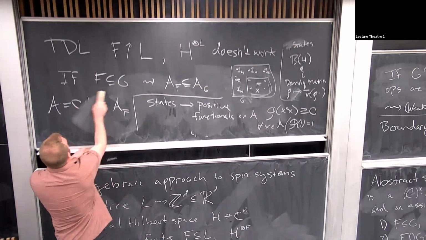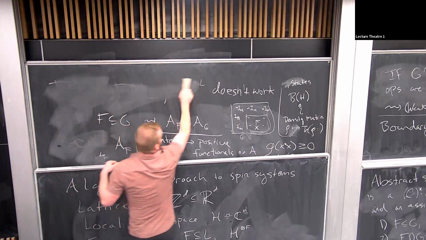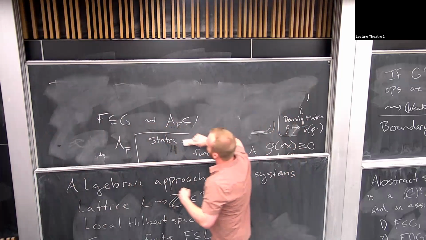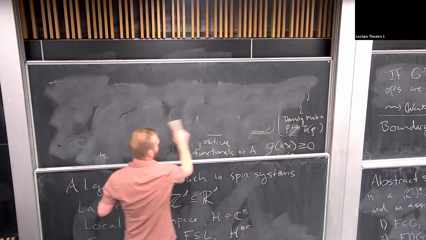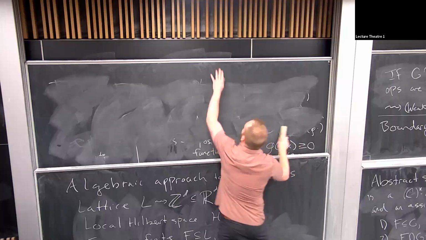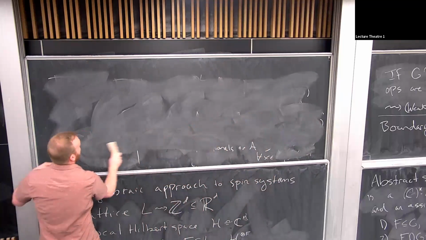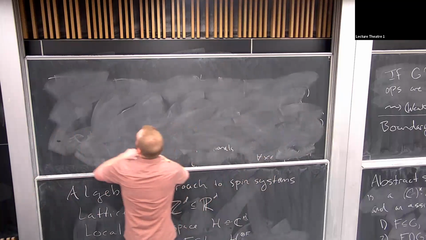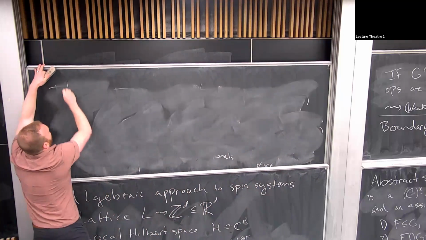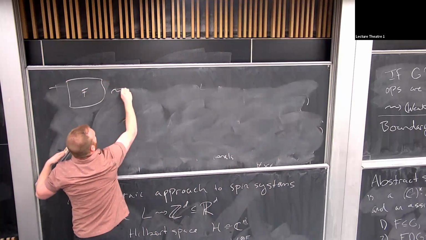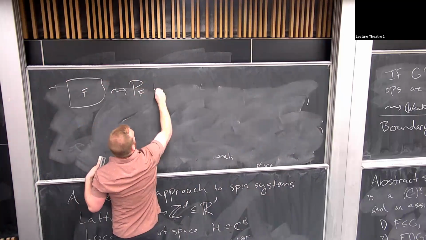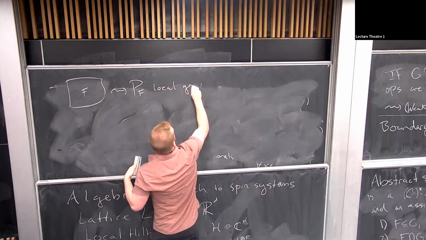Okay. That's pretty clear. So I'm in this setting of local topological order. I have these local ground state projections that are error correcting. What does that even mean? For any patch F, I have this projection P sub F, which is the local ground state projection.